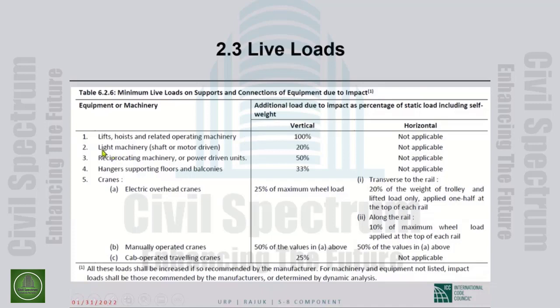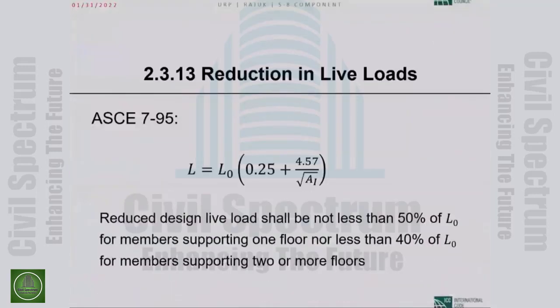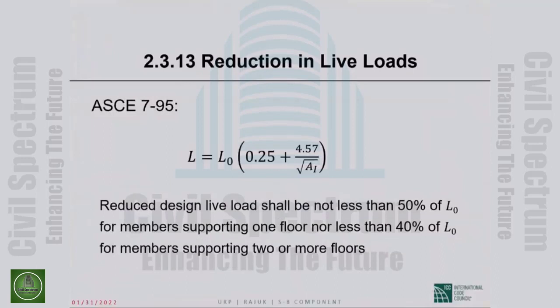Light machinery, you will increase by 20%. So minimum live loads on supports and connections of equipment due to impact: any area supporting light machinery, you will increase the live load 20% because of impact. So that table definitely is very, very helpful. In the US, you are not given that kind of a table.